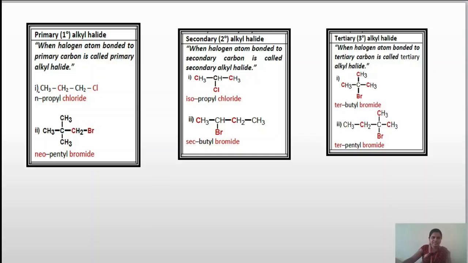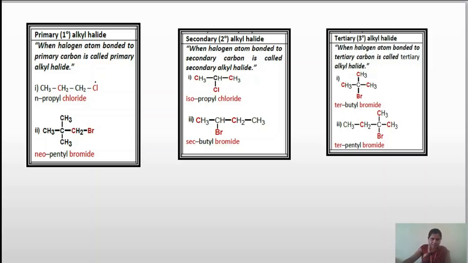Here I take the example CH3CH2CH2Cl. Now in this example, this carbon is attached to only one other carbon, and this primary carbon is directly attached to this chlorine, that is halogen. So this is the example of the primary alkyl halide.